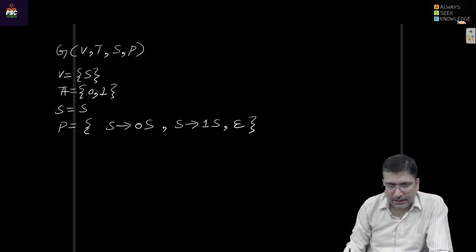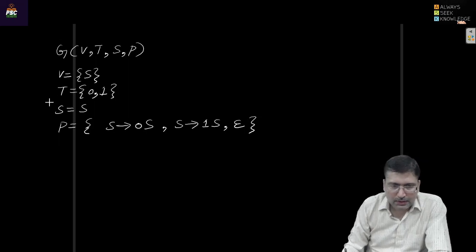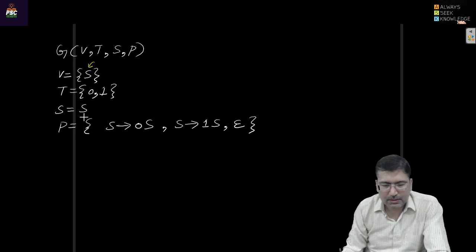Now let's identify this grammar. Here I have given you four things. The set of variables has only one variable, capital S. The set of terminals is 0 and 1. The starting symbol is S, and the production rules are given like this. S derives 0 followed by S, S derives 1 followed by S, and S also derives epsilon.